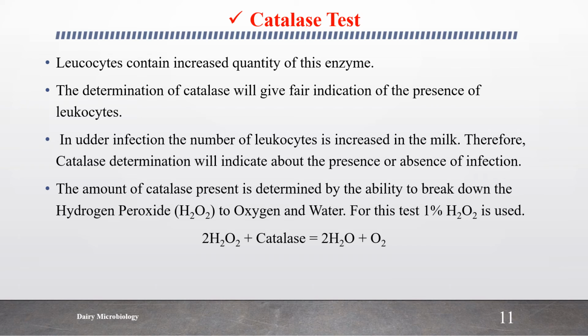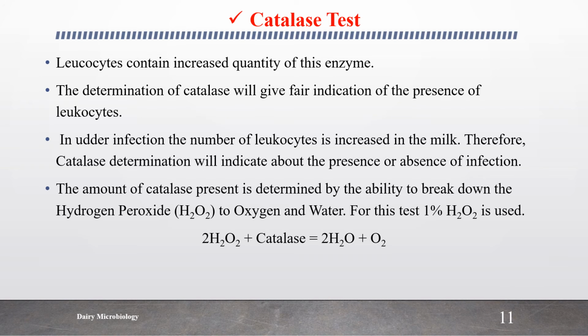The amount of catalase present in milk sample is determined by the ability to break down hydrogen peroxide. So, catalase enzyme acts on hydrogen peroxide and converts it into oxygen and water. 1% hydrogen peroxide is used for catalase test.